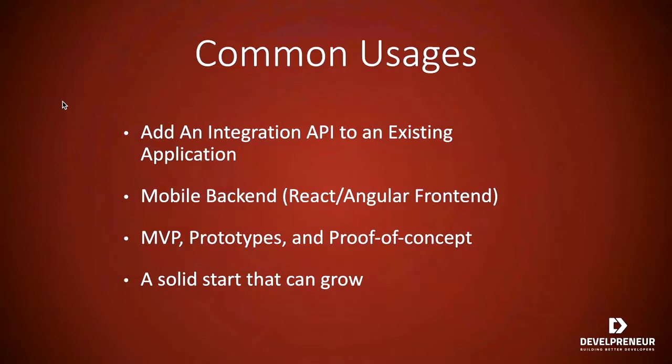As a back end for mobile devices, I've seen a lot of situations where you have mobile apps written in React or Angular, and Python Flask was used as the back end. So it was just straight API calls. And also, as with a lot of what we've seen with Python and Django and now Flask, if you want to create a minimally viable product, a prototype or a proof of concept, this is exactly the kind of thing you want.